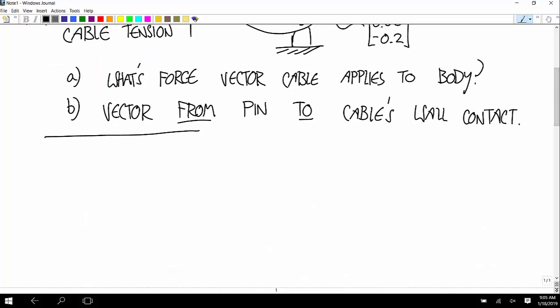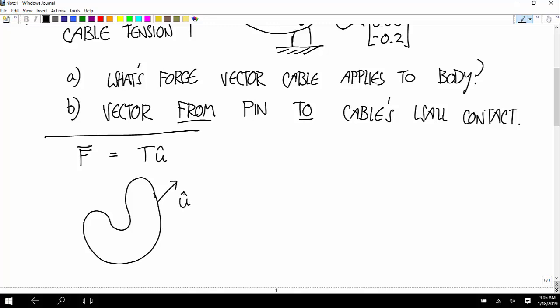So the force is equal to the magnitude T times a unit vector, and that unit vector is in this direction. To come up with that unit vector, we have that angle of 45 degrees.